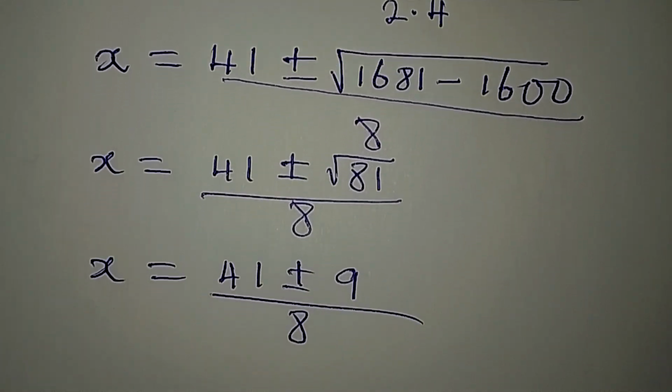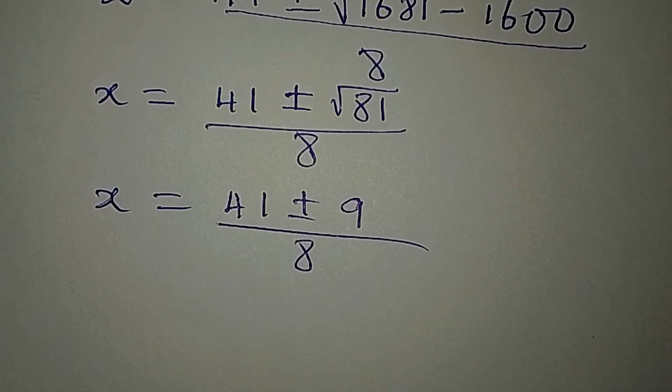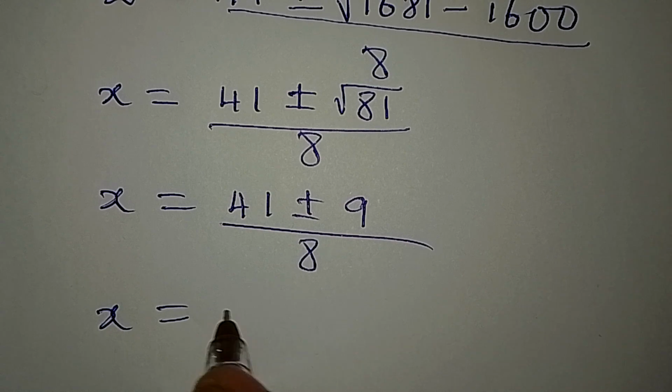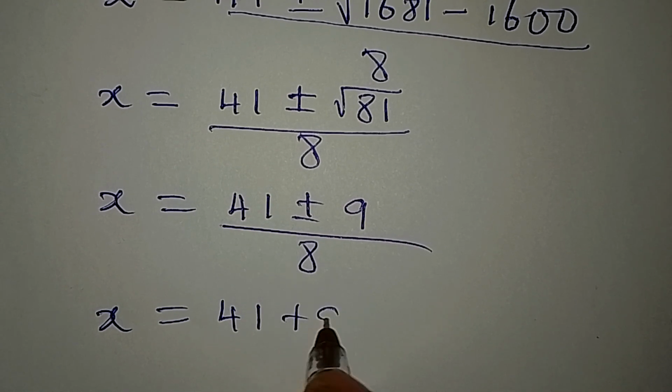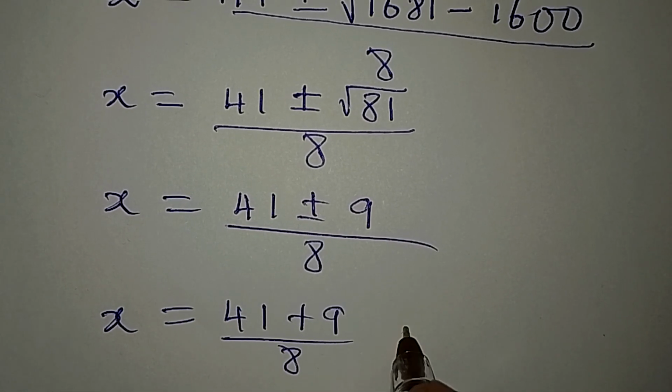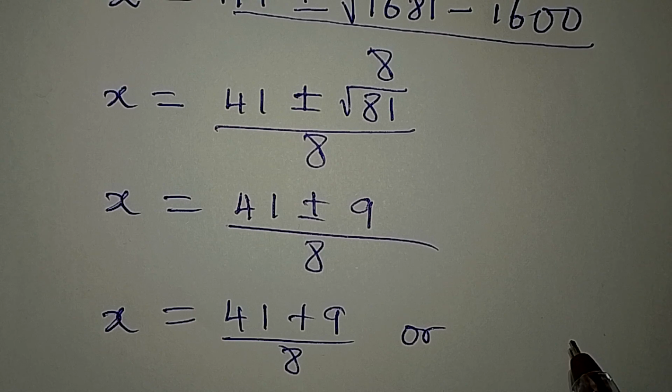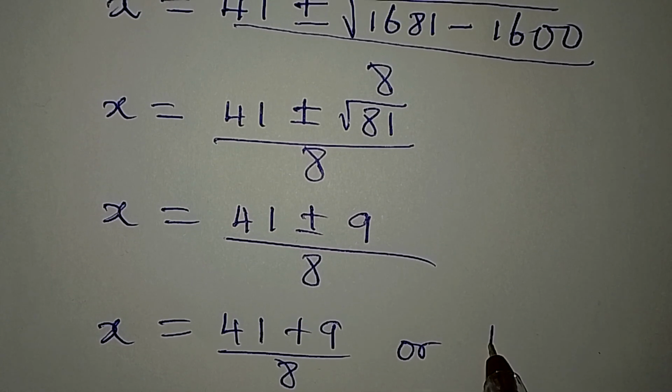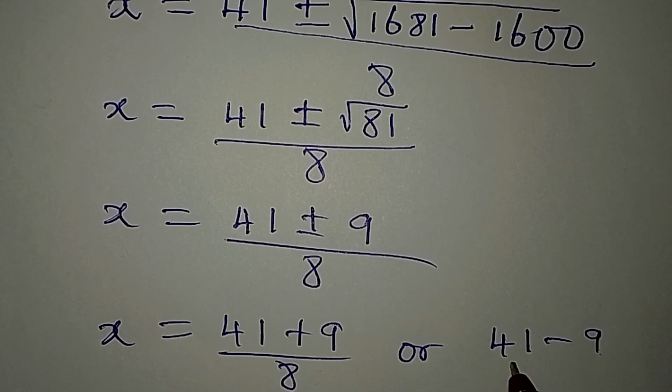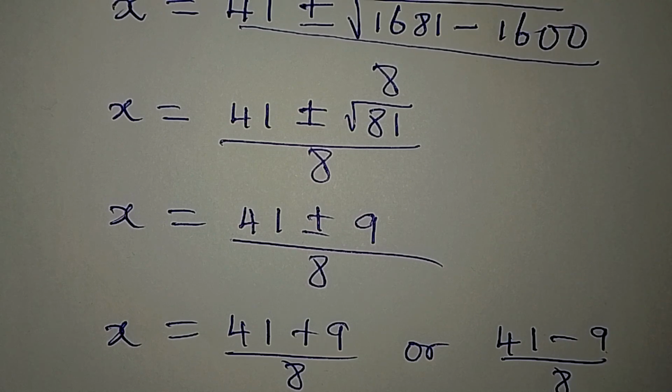Now this is a 2-in-1 solution. We can split this so that x is equal to 41 plus 9 over 8, or it is 41 minus 9 over 8.